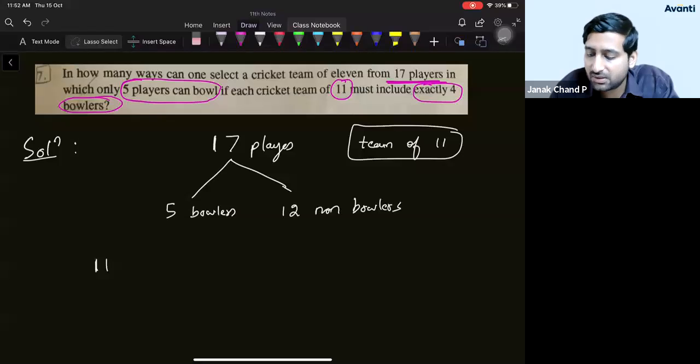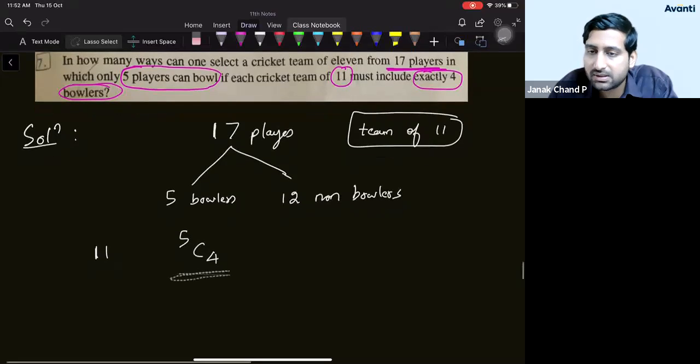The number of ways of choosing only 4 bowlers out of a total of 5 is nothing but 5C4. I hope that everyone understood why I wrote this value here. In order to form the team, I want exactly 4 bowlers, but I have a total option of 5 bowlers. So the total number of ways of choosing 4 bowlers out of 5 bowlers is 5C4.